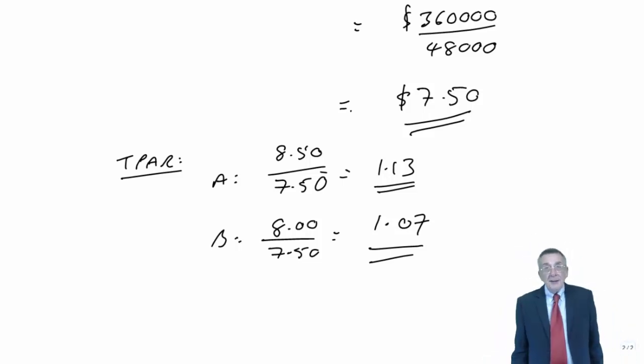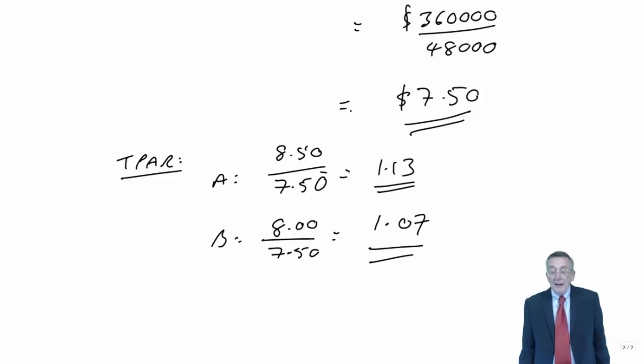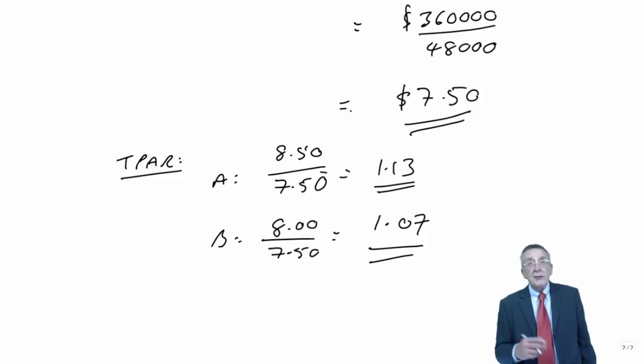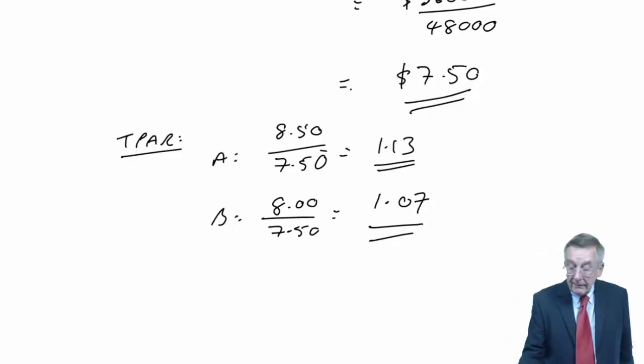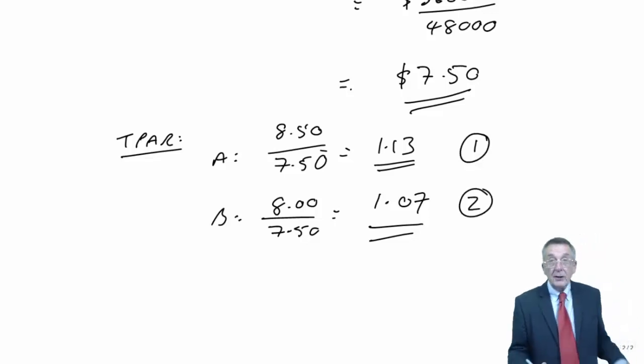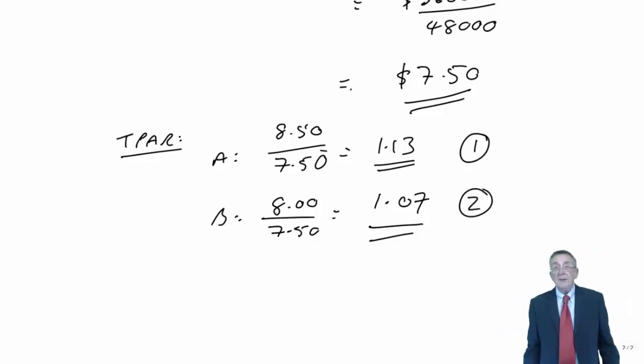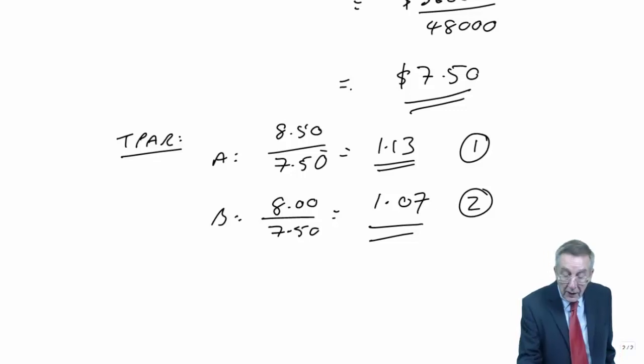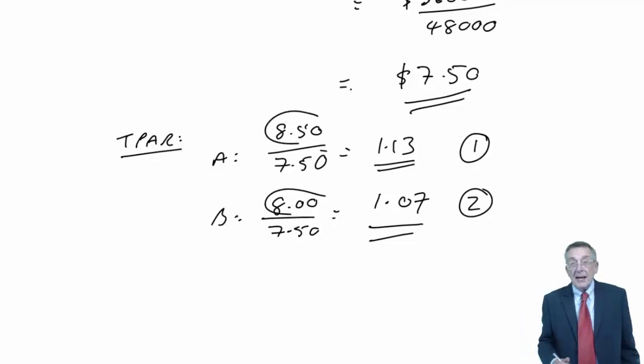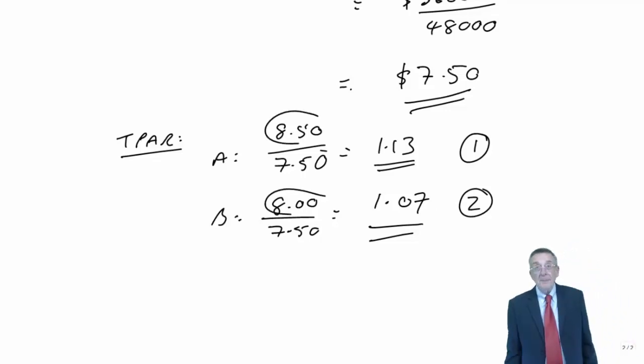As far as the comment and the interpretation of them, firstly, the higher the throughput accounting ratio, the better. And so we already knew A was the best, B was second best, and if there were several products, obviously we rank them. Now we don't actually need the ratio itself for that ranking. We already knew that A was best and B was second, but regardless.